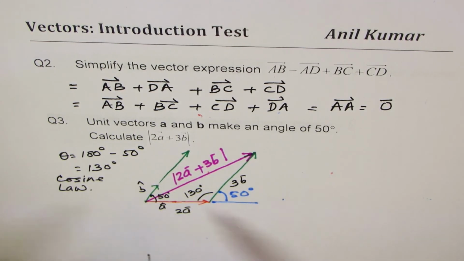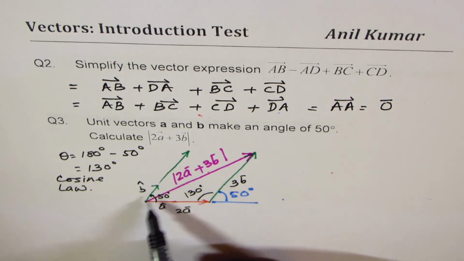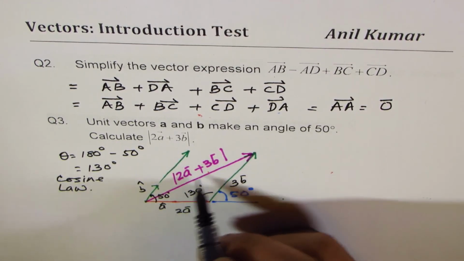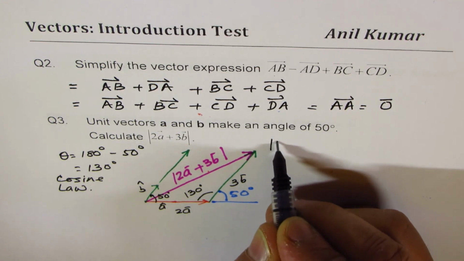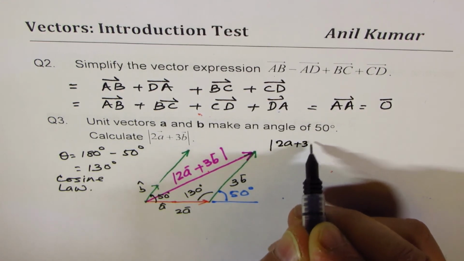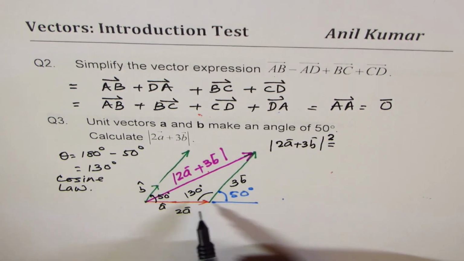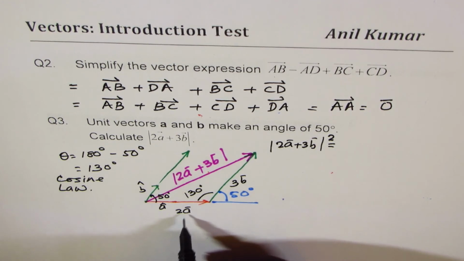We already know that the magnitude will be 2 here and 3 there, correct? And we want to find this magnitude. So let us say the square of this magnitude. Let's say 2a plus 3b whole square is equal to a square plus b square. So the magnitude is 2, right?